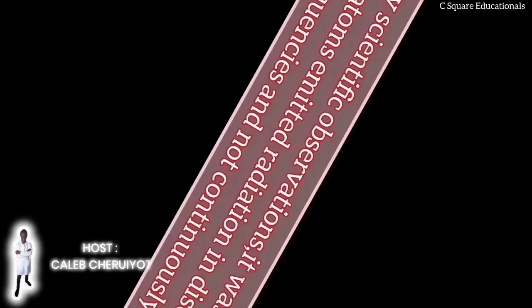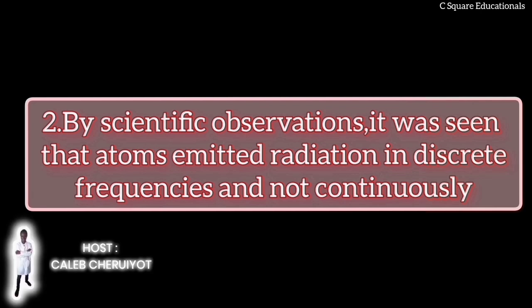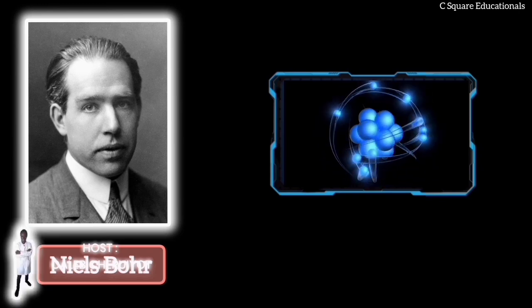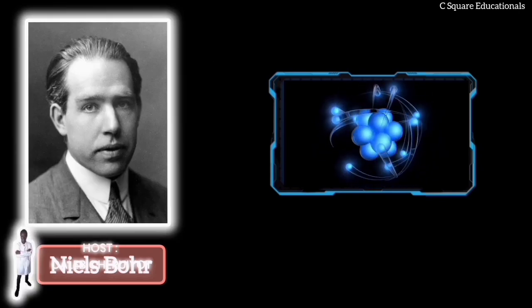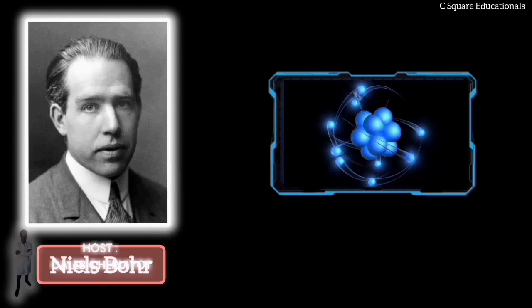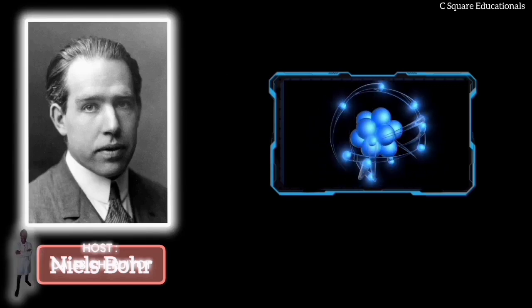Secondly, atoms were observed to emit radiation at specific frequencies, unlike the continuous emission expected from an electron following the solar system model. Niels Bohr, a renowned Danish physicist, was the first to propose a solution to these problems.